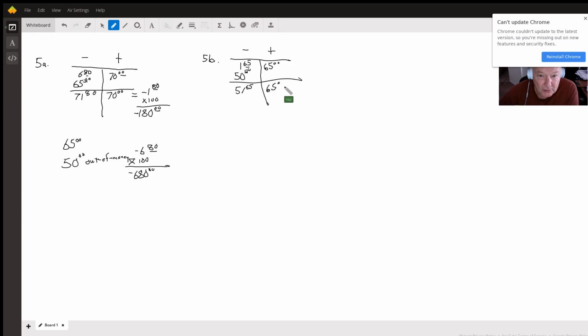So the difference of those two is a positive $13.35 times 100 shares. You'd have a nice $1,335 profit on that $165 investment. So that one worked out just the way you wanted it to.